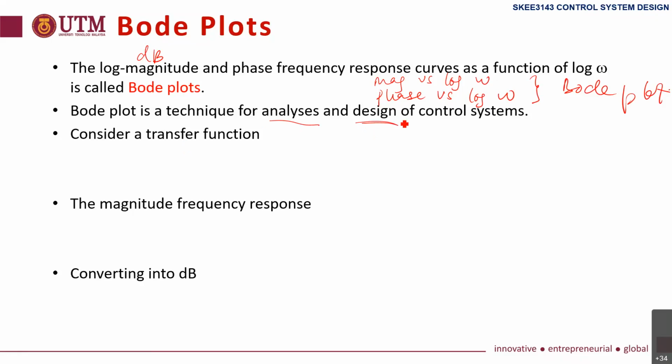It can be used for analysis: we know whether the system is stable or not, and how strong the stability is. Then we can also use the Bode plot to design a controller to achieve the desired response, in overshoot, settling time, rise time, and error.